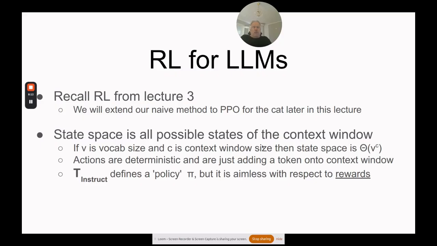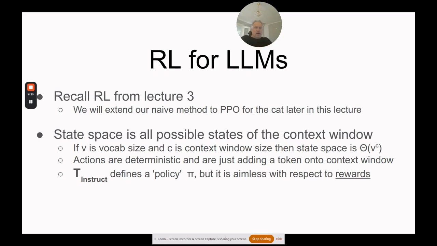So if you think about it, the transformer that came out of the instruction fine tuning, or instruction SFT, does define a policy, because it's saying, okay, if this is the prompt, then what's the next token?